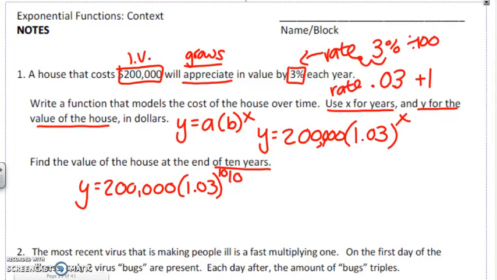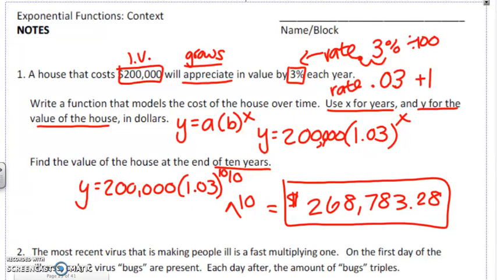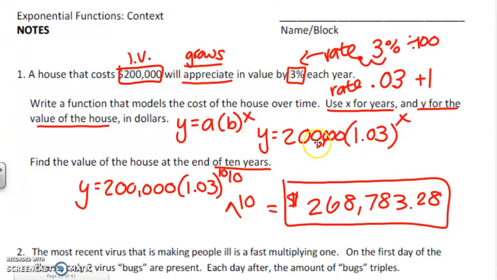So you're going to raise it with that little arrow button to the 10. So I'm going to give you a second to type that in, but you should get 268,783.28. So again, if you did not get that, please let me tell you how to type that in the calculator and press pause. So otherwise, that's how you write the equation and that's how you evaluate.